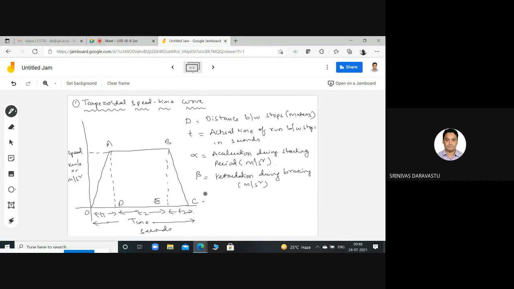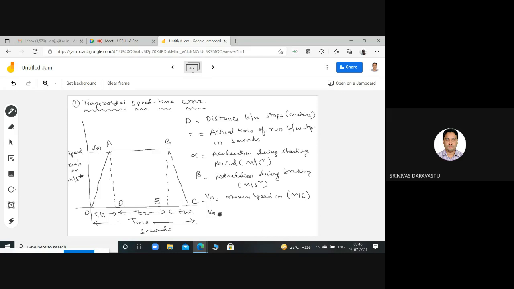Vm is the maximum speed or crest speed, in meters per second, not square.